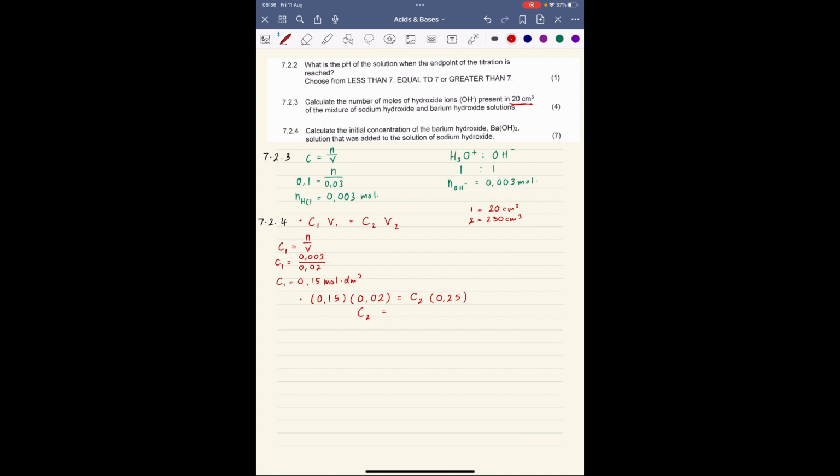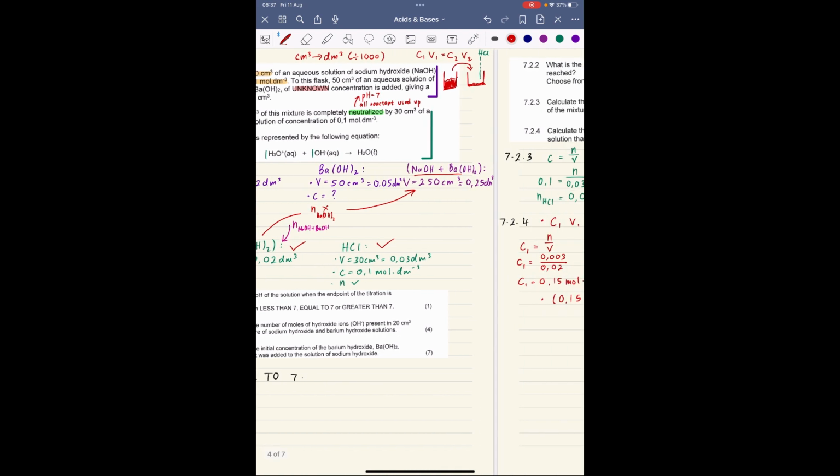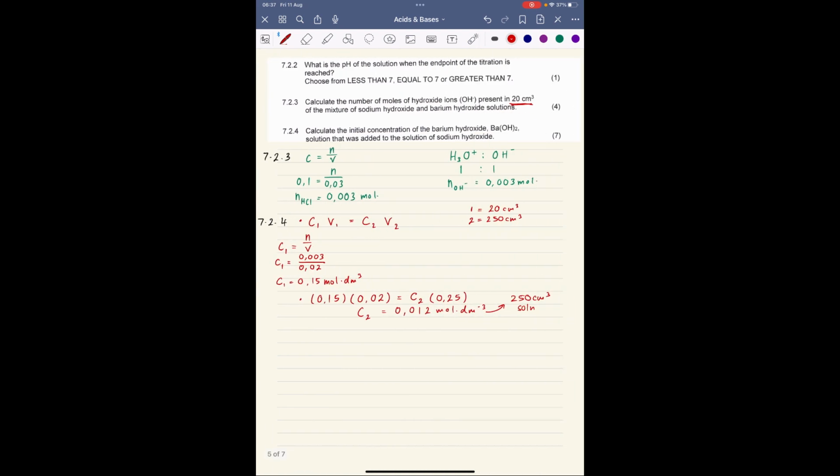Okay. We get 0.012. That's what I'm getting. 0.012 moles per decimeter cube. So this is the concentration in that 250 centimeter solution. It's that concentration in the first part of the reaction before we took it out to make that 20 centimeter cube. Now from here, since we have the concentration, we can find out the moles here.